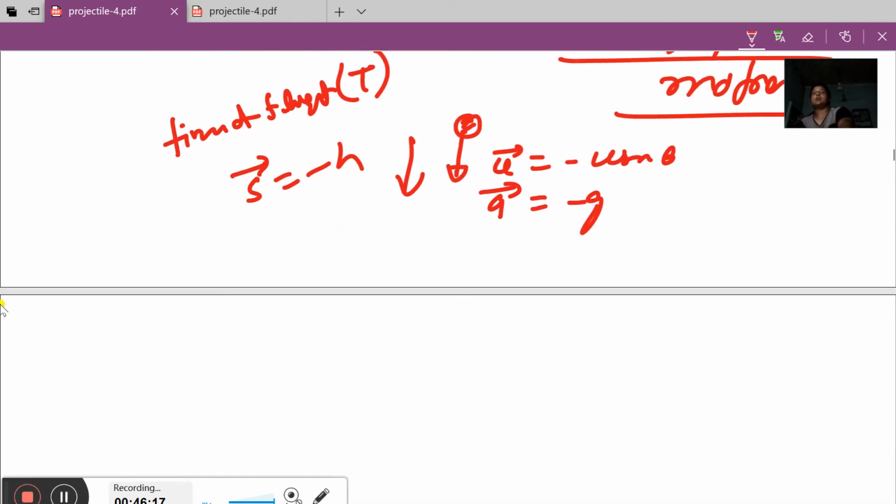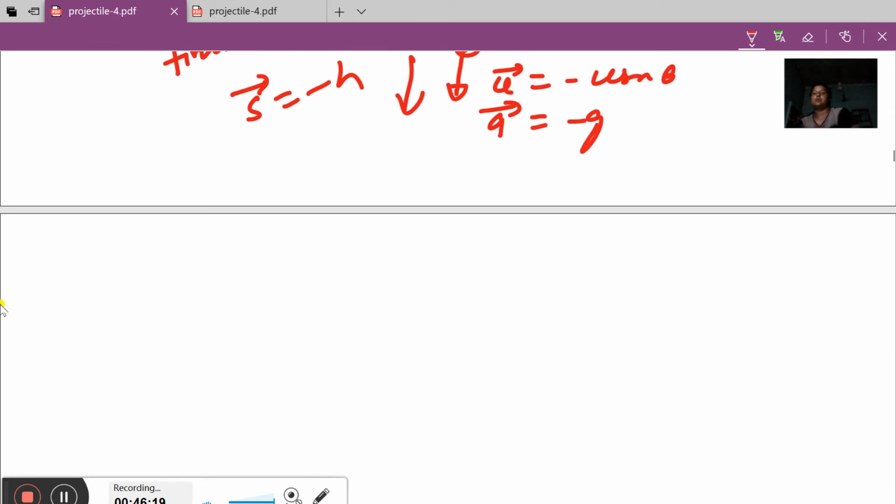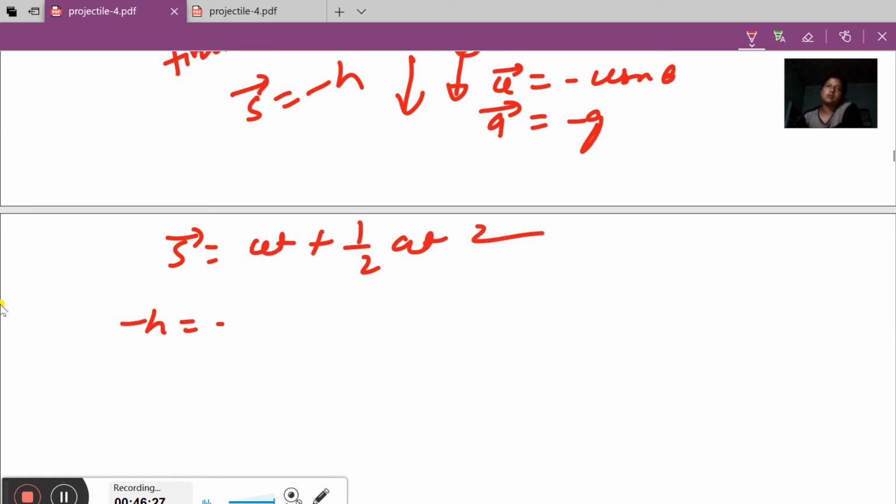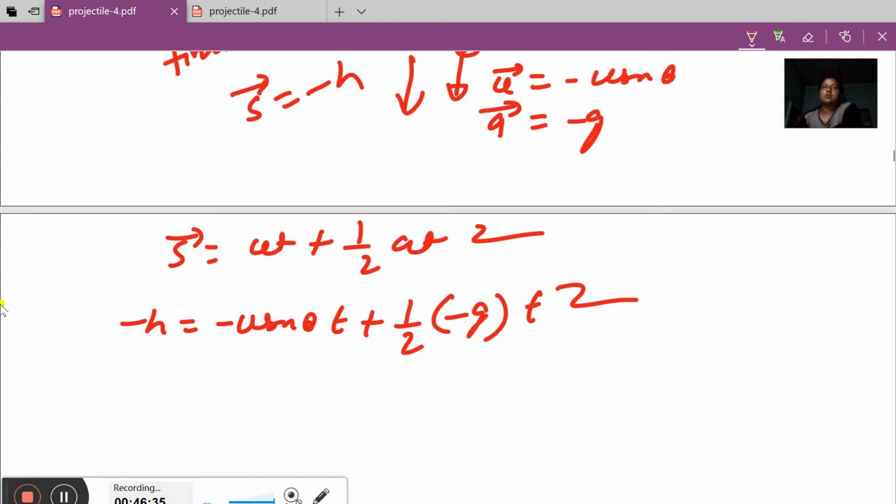So we can apply the equation of motion: s equals ut plus half a t square. Minus h equals minus u sin theta t plus half g t square. So the minus common gets cancelled. h equals u sin theta t plus half g t square.